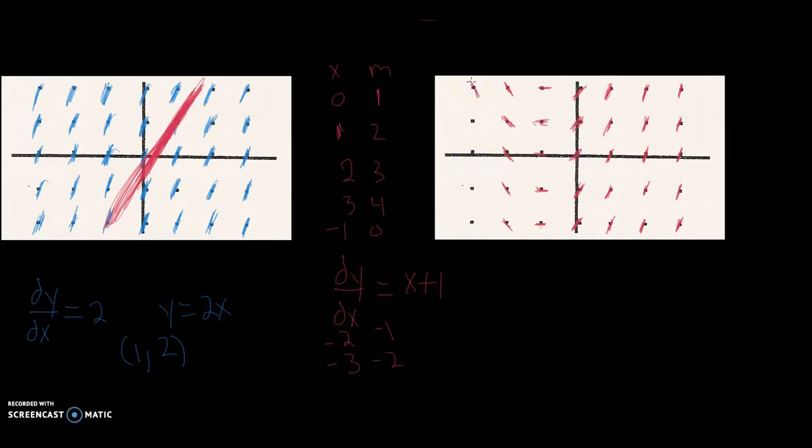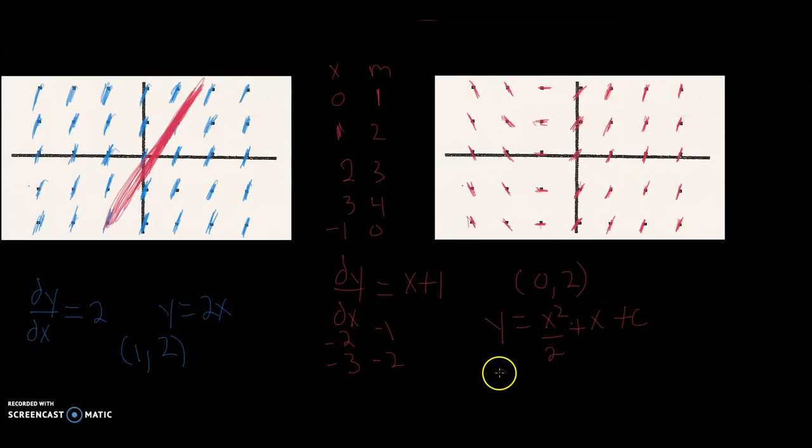Okay, almost done. Now, fictitiously, let's say our equation passes through (0, 2). When you do this, y equals x squared over 2 plus x plus c.